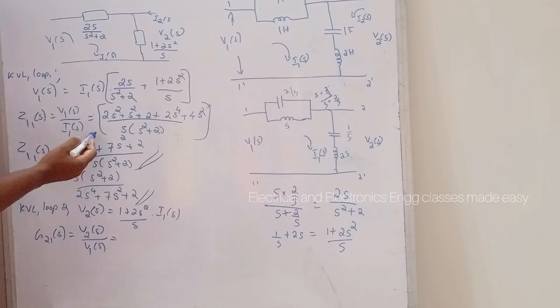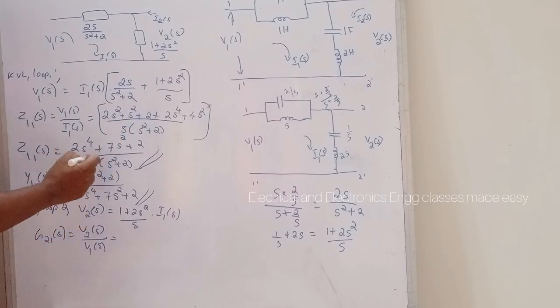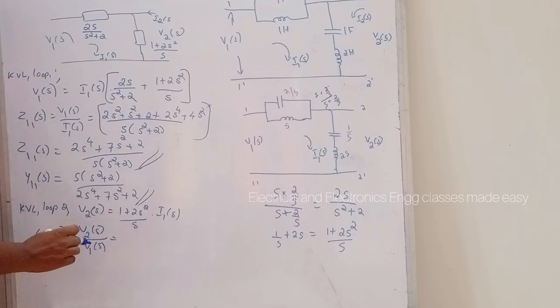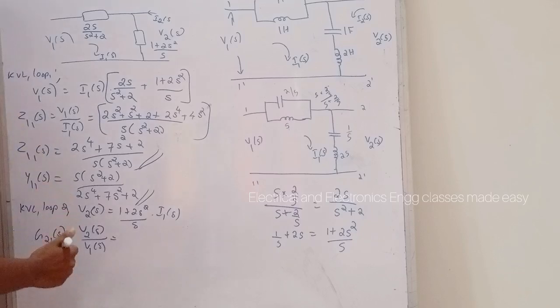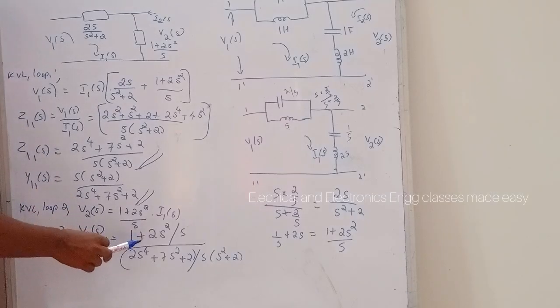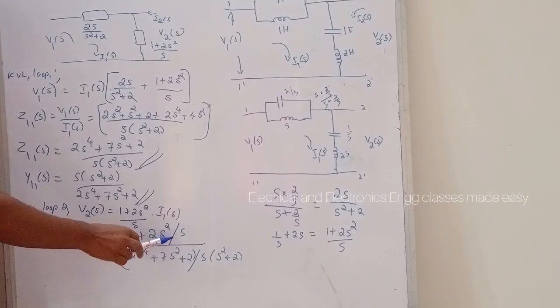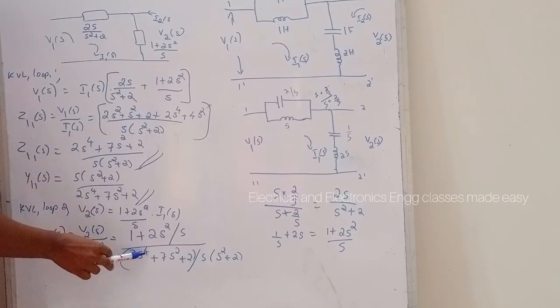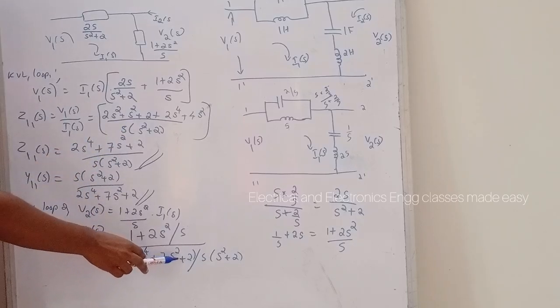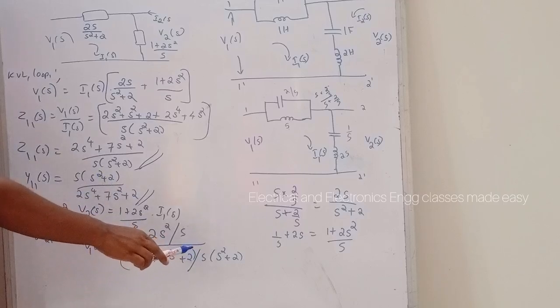So we can write that this is V1 by I1. So V1 of s is this into I1 of s. So we can divide V2 of s divided by V1 of s. That is (1 plus 2s square) divided by s, whole divided by this one, that is (2s raised to 4 plus 7s square plus 2) divided by s into (s square plus 2).